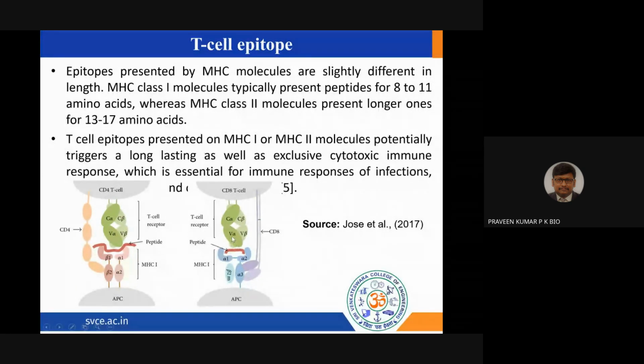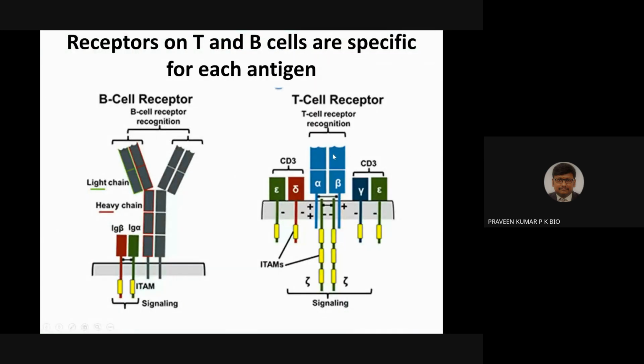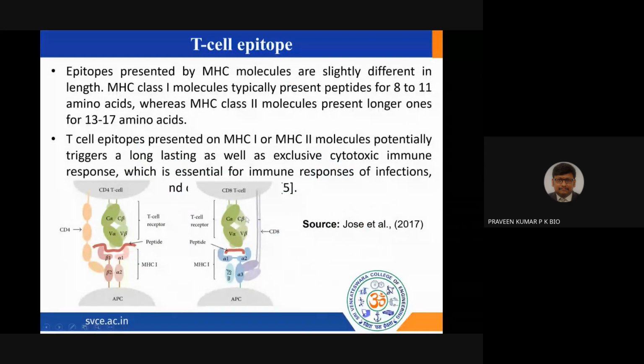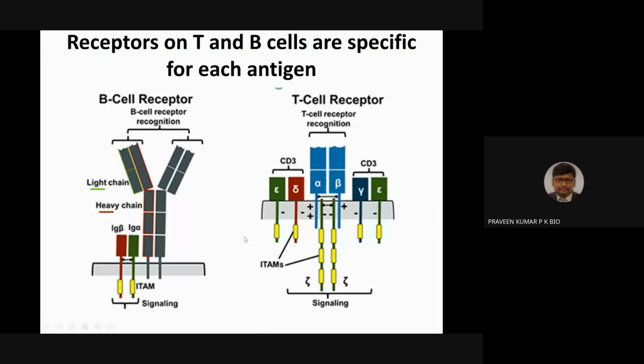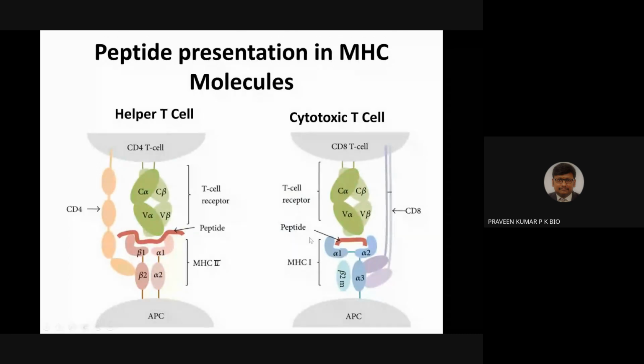In the paratopic region, you have V alpha and V beta, alpha and beta, as I showed. The constant domains are at the bottom, and the variable regions alpha and beta are at the top, so two different regions are there. Similarly for the B cell receptor, more about this we'll see in the next session, so we just focus on the T cell receptor alone.